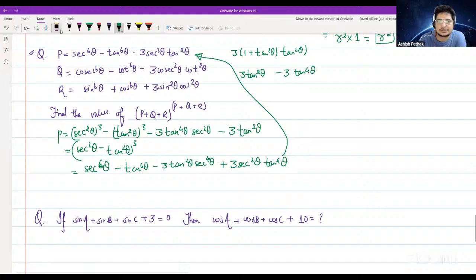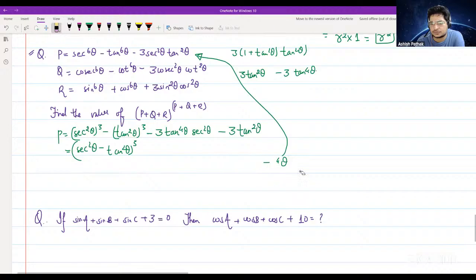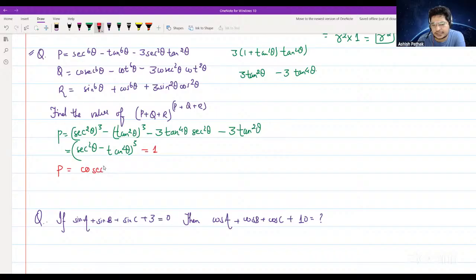So this is the same value, which means this is nothing but 1, since sec square theta minus tan square theta is equal to 1. Similarly, cosec square theta minus cot square theta, to the whole cube, is equal to 1, which is equal to q.